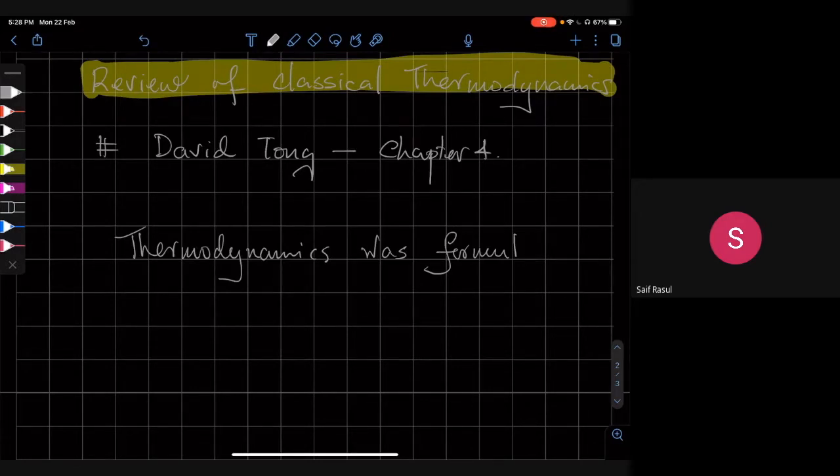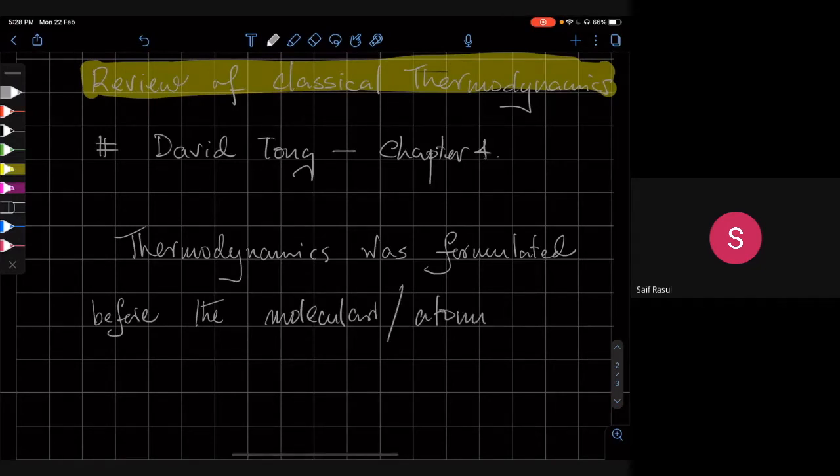So thermodynamics, or the classical thermodynamics, was formulated before the molecular or the atomic picture of matter has been established.